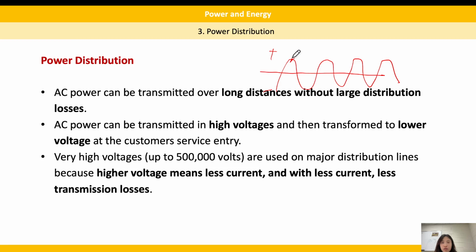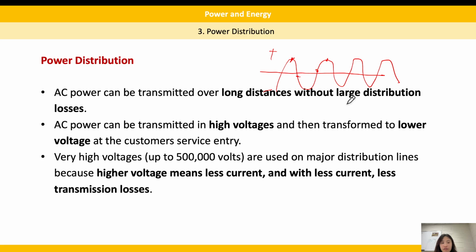So if we want to use high voltage, we can pick up some time when the alternating current is at the high voltage, and also we can pick up the lower one. Okay, this means the AC always changes, the voltage always changes. So AC power is better to use for power distribution.